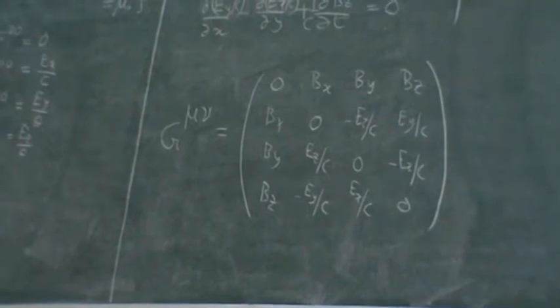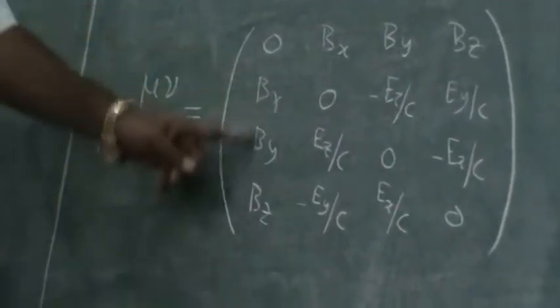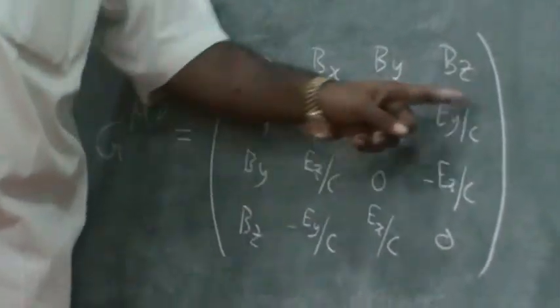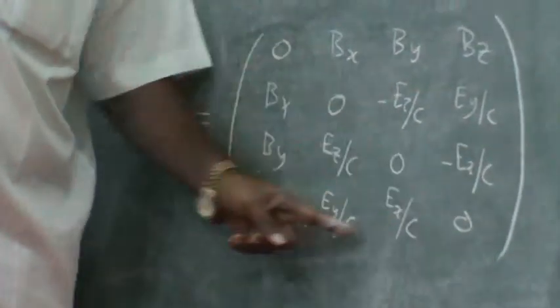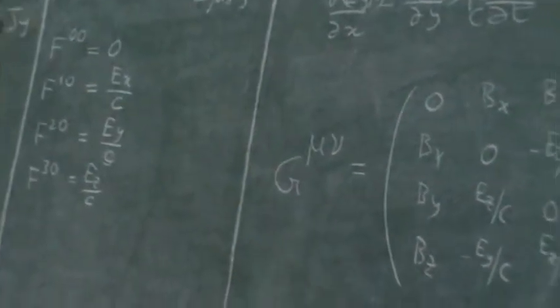So you can see that exactly the time-like components are electric fields here, the time-like components are magnetic fields here; this body is electric field here, whereas this body is magnetic field here. So these two tensors, F^μν and G^μν, are called the field tensors.